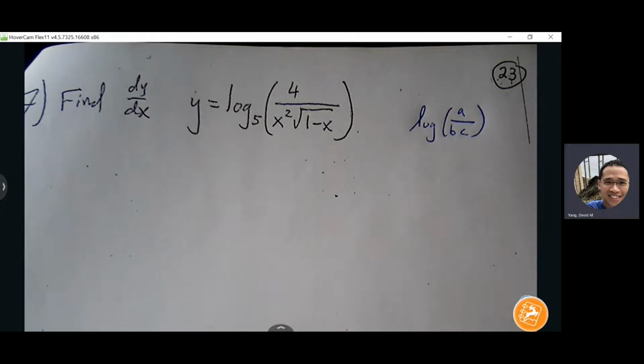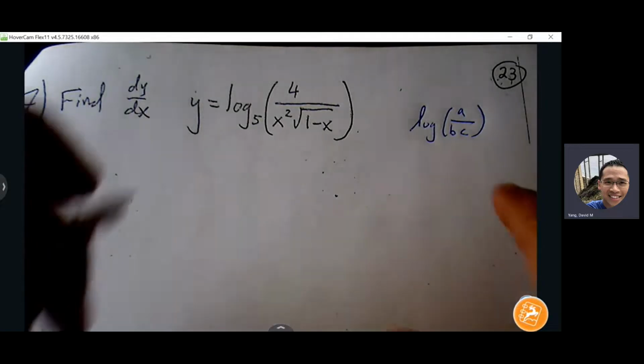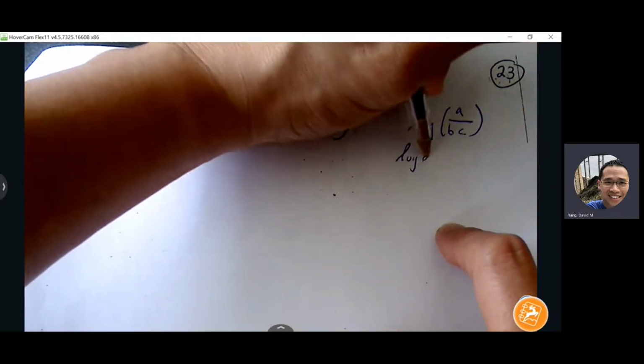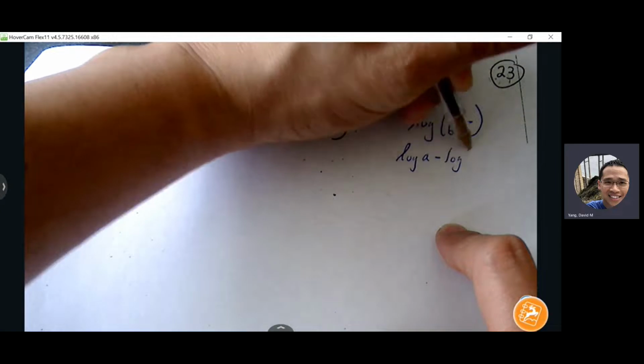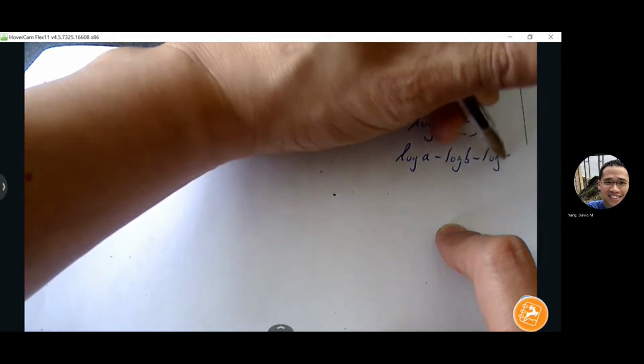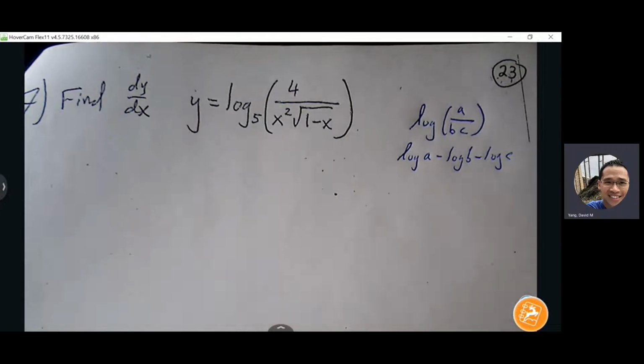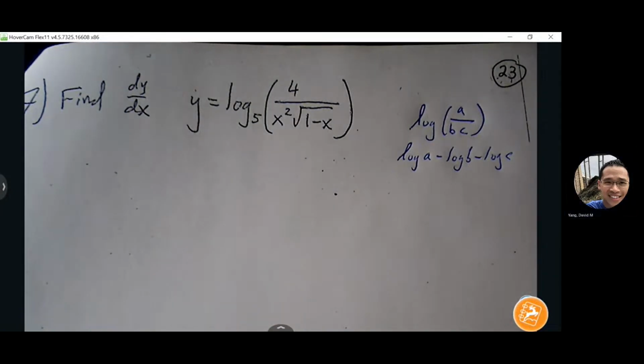Your numerator is part of a positive log expression, and your denominator is part of a negative log expression. So the expansion will look like log of a minus log of b minus log of c. Let's do that and see if we can expand. Once everything is expanded and cleaned up, your derivative should feel like the easy part.